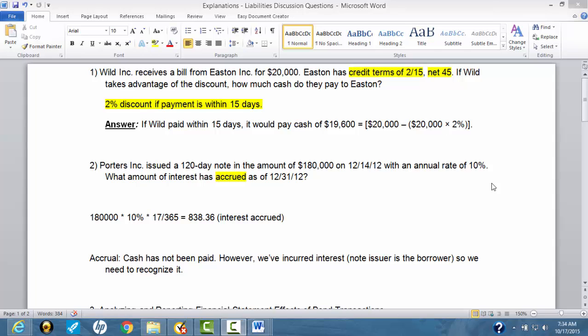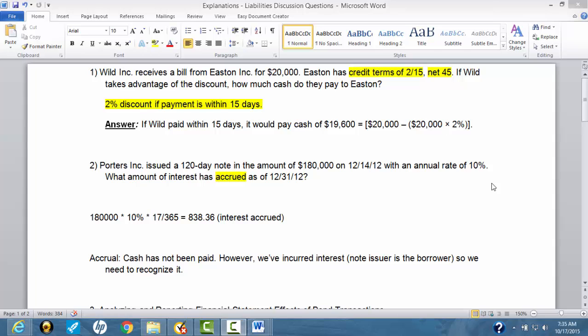So Wild has an accounts payable, and the terms are 2/15 net 45. Well, the meaning is 2% discount if payment is made within 15 days, and Wild Company has 45 days to pay.